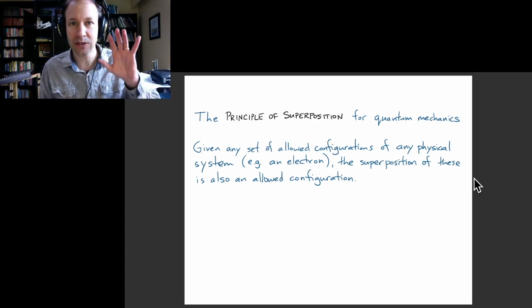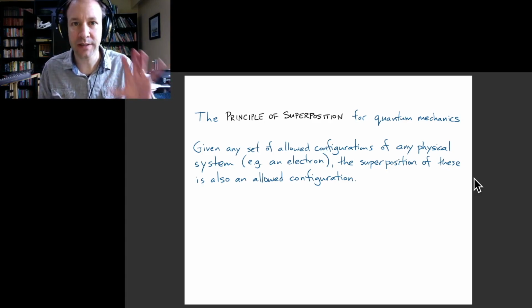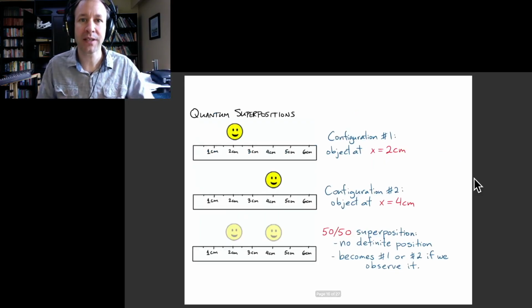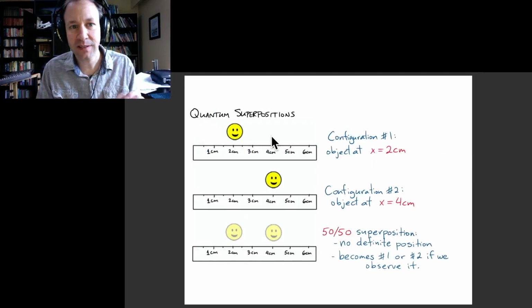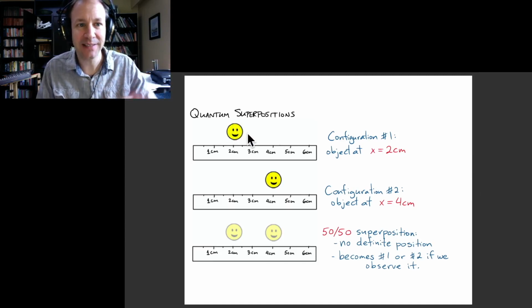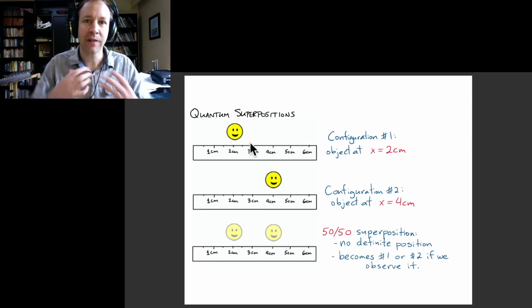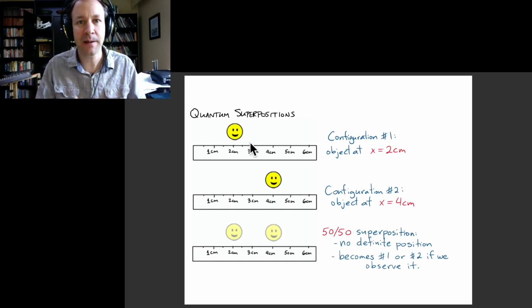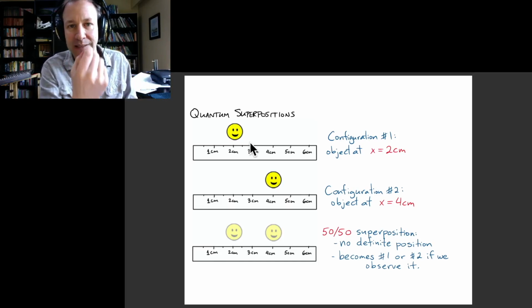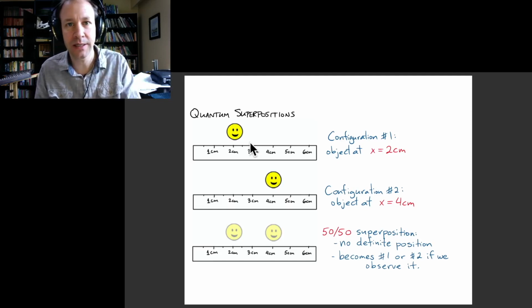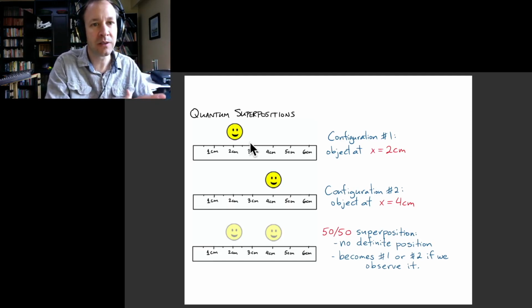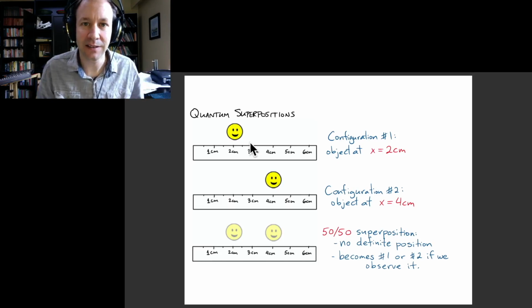And so I want to just show you how this works in a really simple picture where my physical system is going to be this happy face that we used early in the course. So the happy face is basically just a representative of some physical object. It could be an electron, it could be a proton, it could be a whole molecule. Quantum mechanics applies to all of these systems.